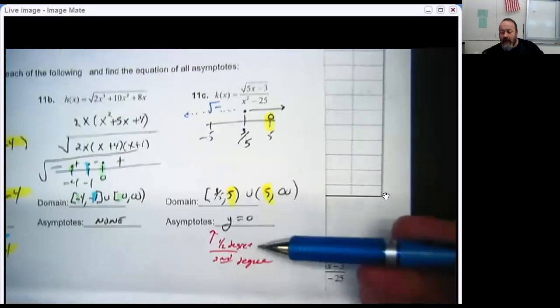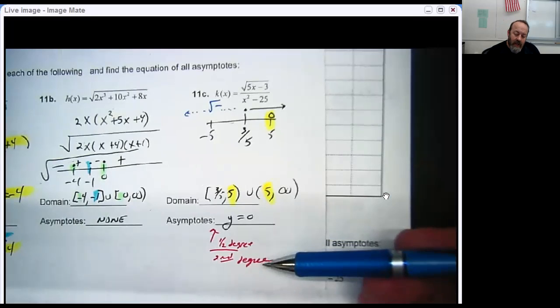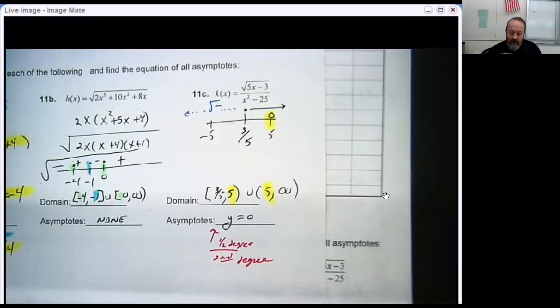Notice below it says a 1/2 degree over a 2nd degree. The bottom's clearly larger, so that's going to drive us down to an asymptote at 0.